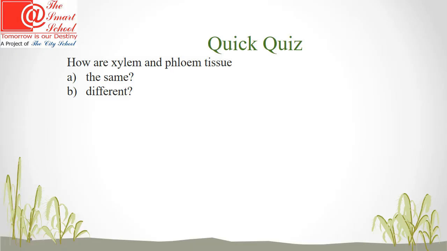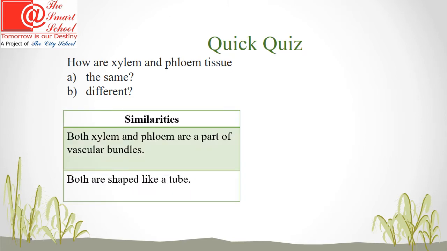A quick quiz based on what we have learned so far in this lesson. How are xylem and phloem tissue the same, and how are they different? The similarities are that both xylem and phloem are a part of vascular bundles, and they are both shaped like a tube.